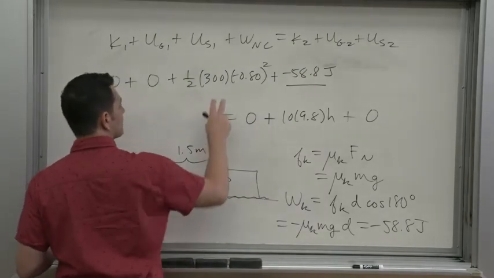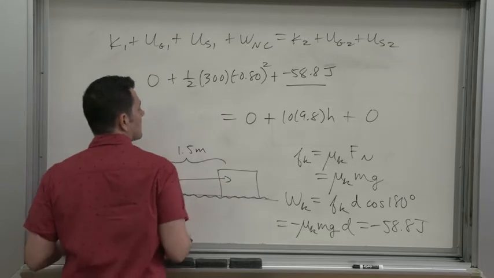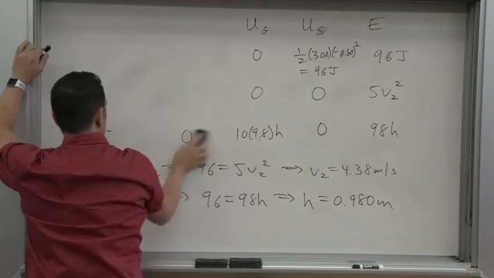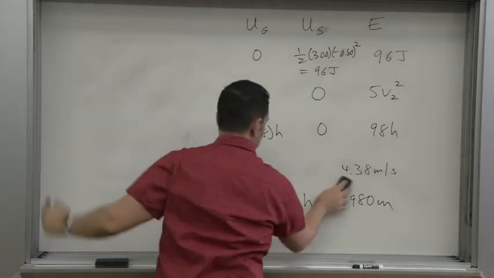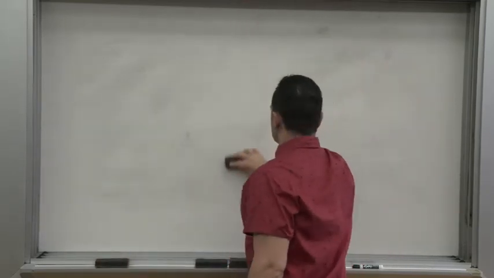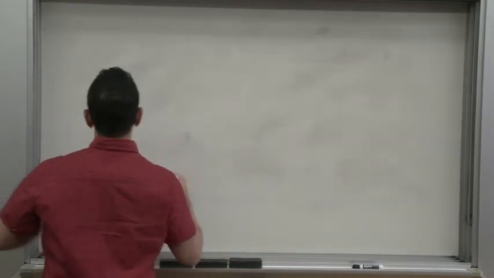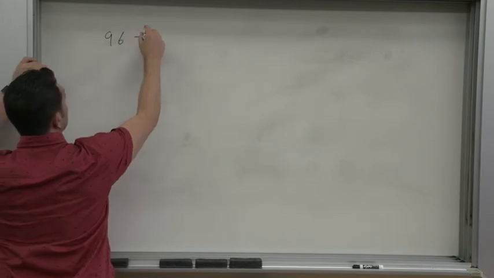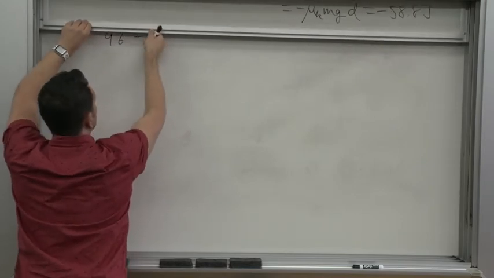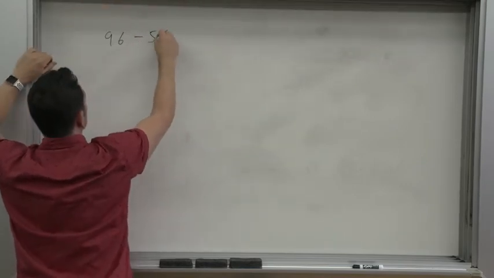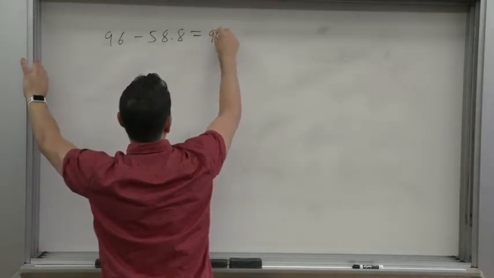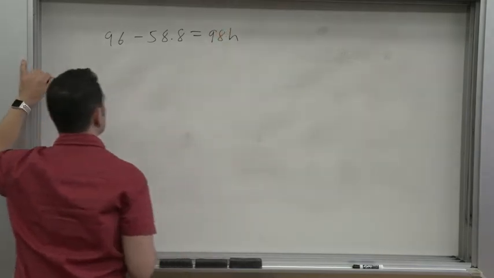Rewriting this, remember this is 96 joules, minus 58.8, is equal to 10 times 9.8 times h.